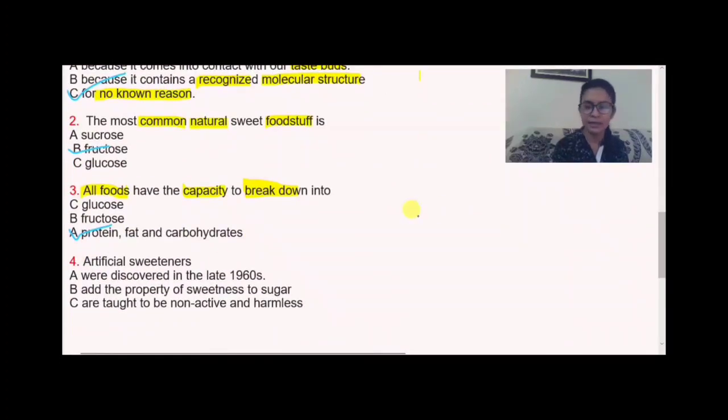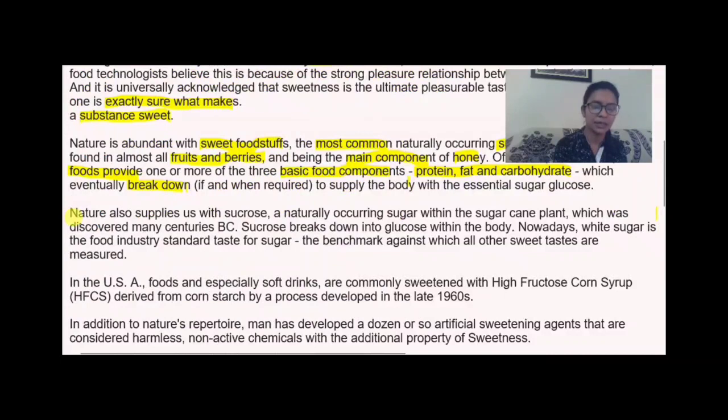Then what is our next question? Artificial sweeteners. Which are we using? There are so many artificial sweeteners present in the market. They are talking about artificial sweeteners that were discovered in the late 1960s, add the property of sweetness to the sugar, and are thought to be non-active and harmless. Now read it.